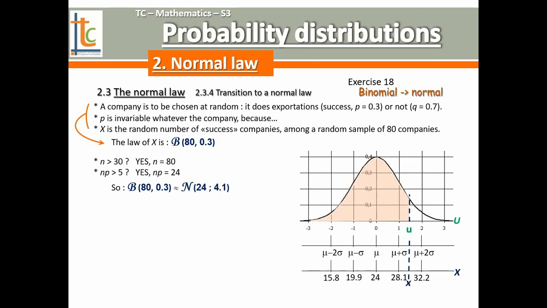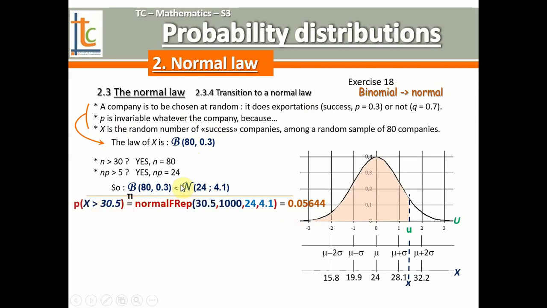Now, our first question is: what is the probability that the number of companies that will do exports in the 80 is more than 30?